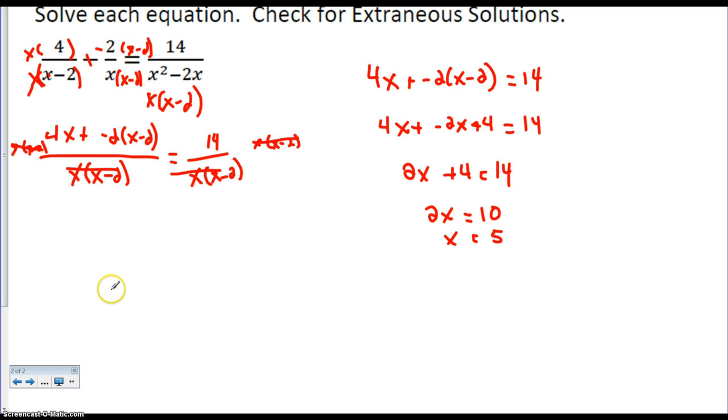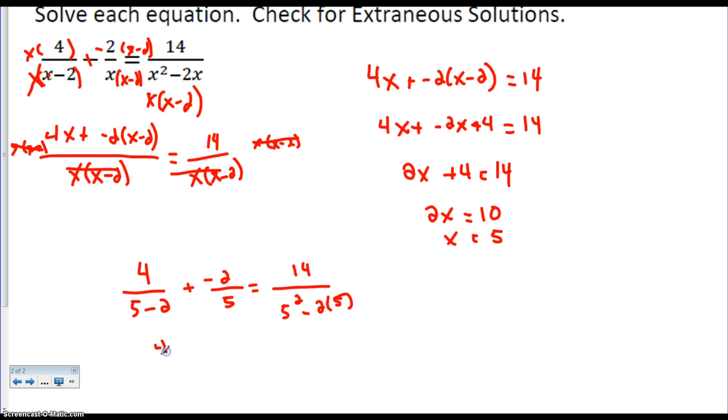So of course I want to check this because if it does not work, that means it is an extraneous solution. So I'm going to plug 5 into this equation. So I have 4 over 5 minus 2 plus negative 2 over 5 equals 14 over 5 squared minus 2 times 5.